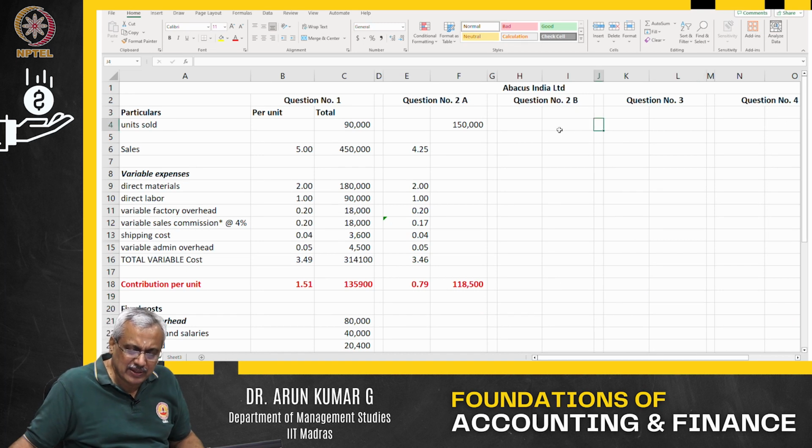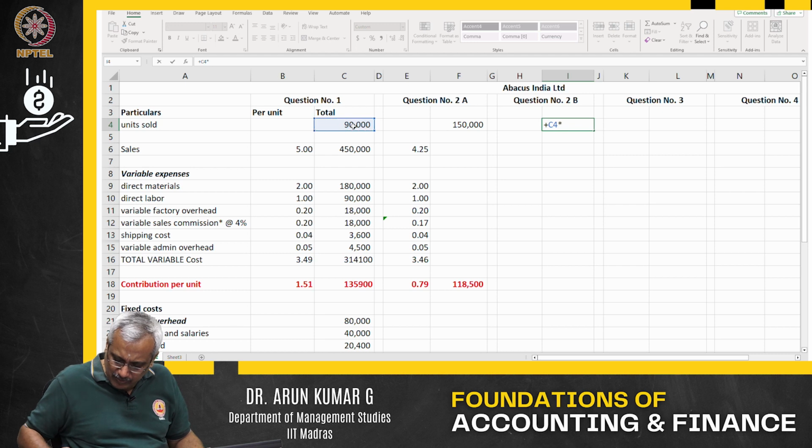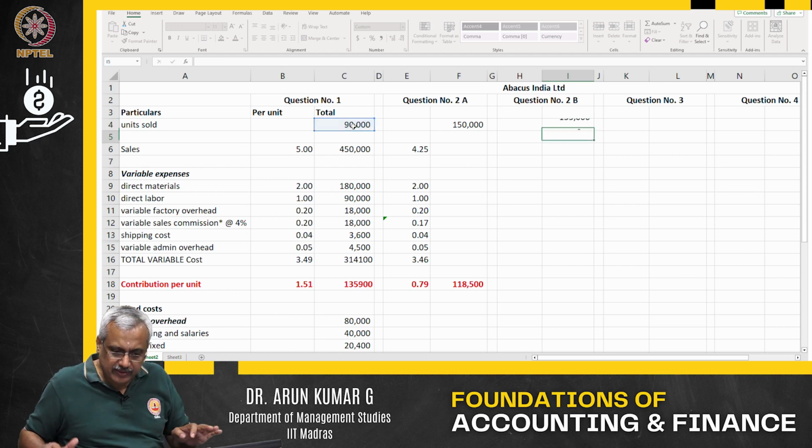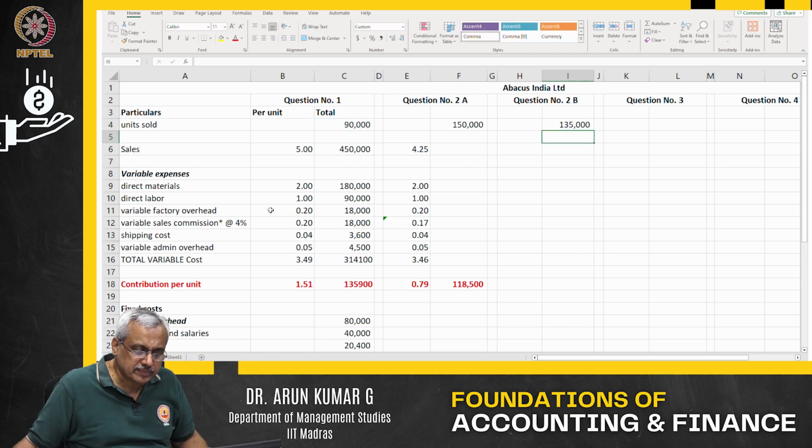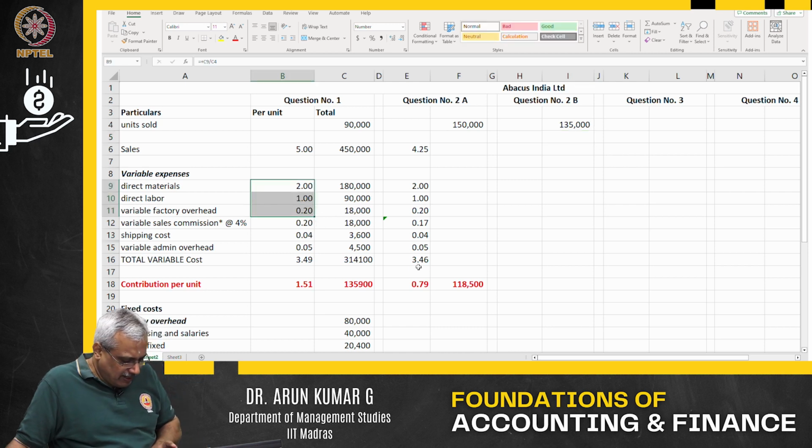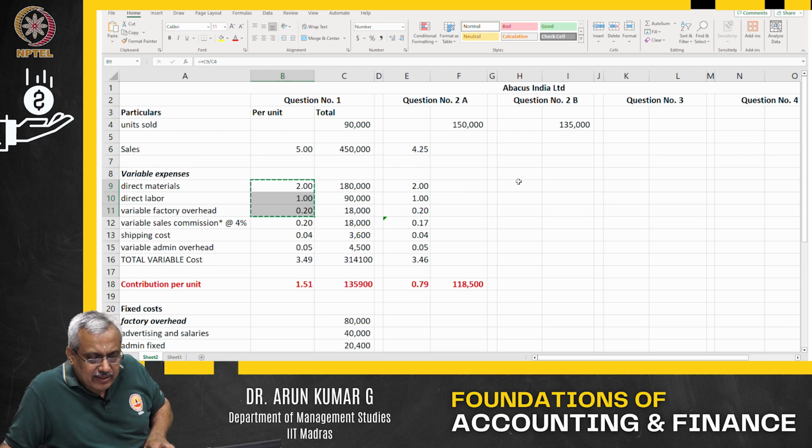What is going to be? It's from the base, so my volume is going to be 150% of it. All these costs are going to remain the same in this particular case.